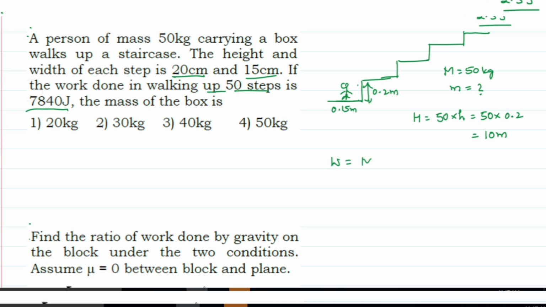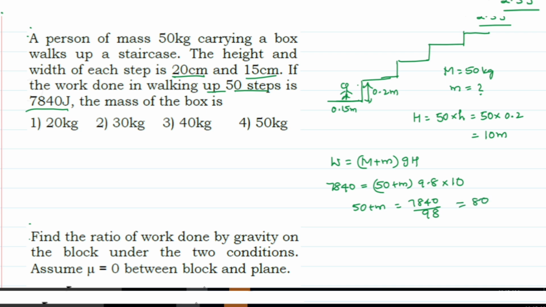Then you can write it as total mass, the person's mass and the box mass, M into g into h. This total work done is given as 7840 joules, which equals 50 plus small m, which we don't know, into g, 9.8, into 10. So 50 plus m equals 7840 by 9.8 into 10, which is 98.